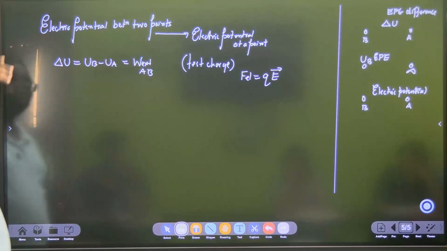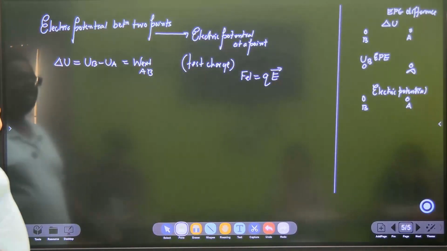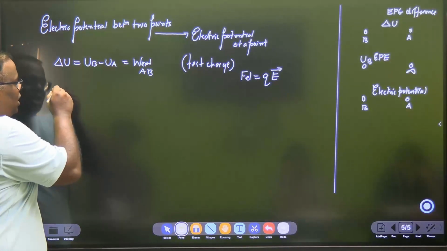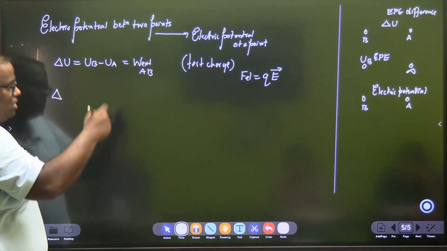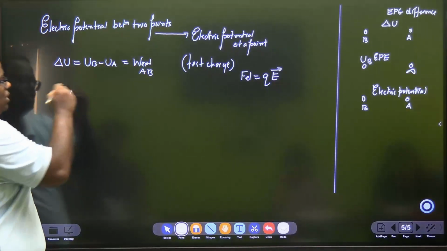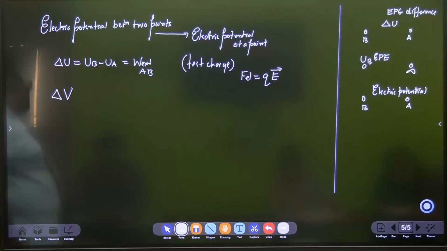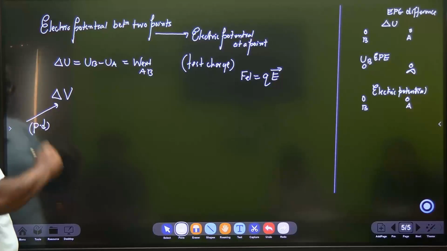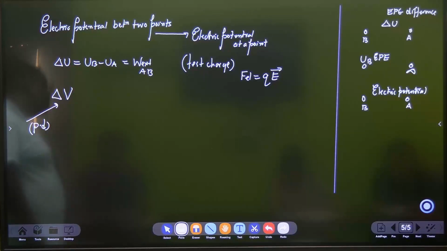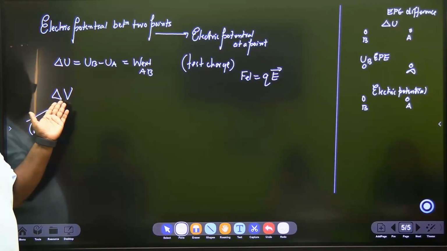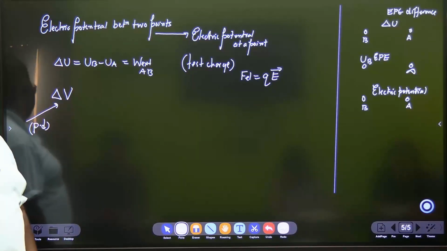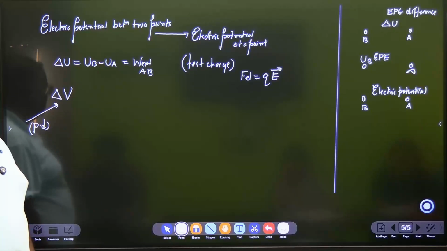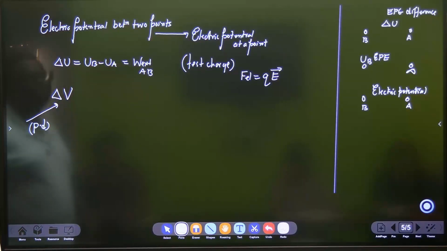So we define the electric potential. There will be a potential energy difference, and now we are seeing what the potential difference is. The potential difference is denoted by delta V. In class 10 you used to talk a lot about PD, potential difference. Since you have used the word delta V, that is potential difference, there should be at least 2 points. Do you agree or not? 2 points must be there, otherwise how can you create a difference?